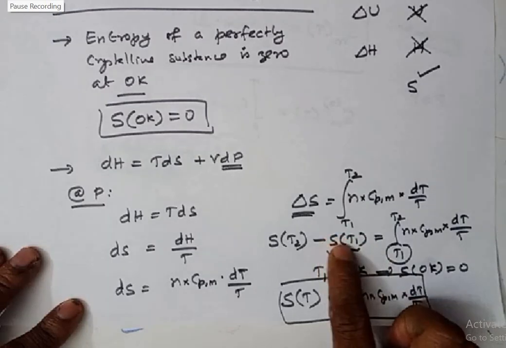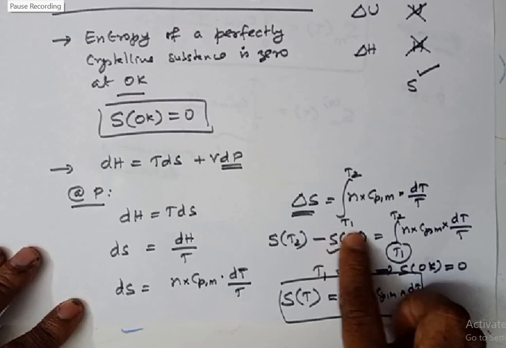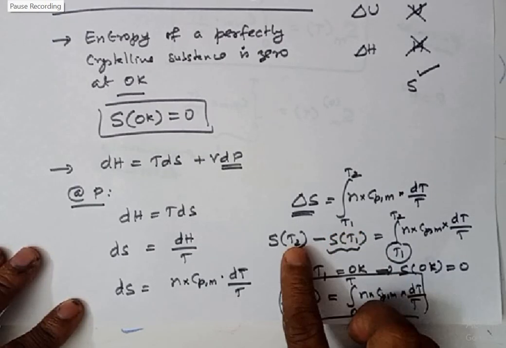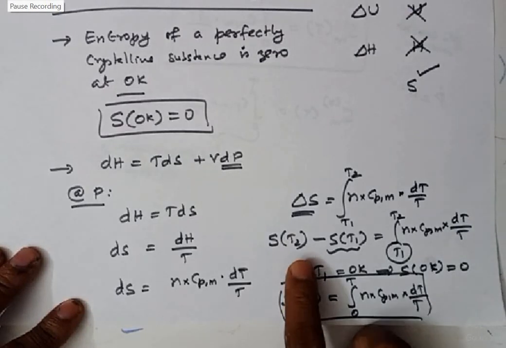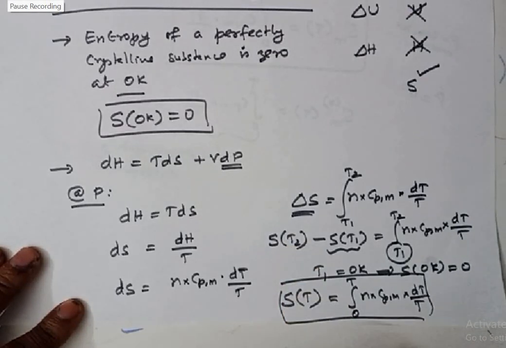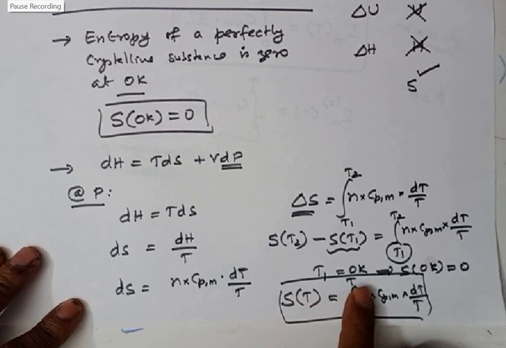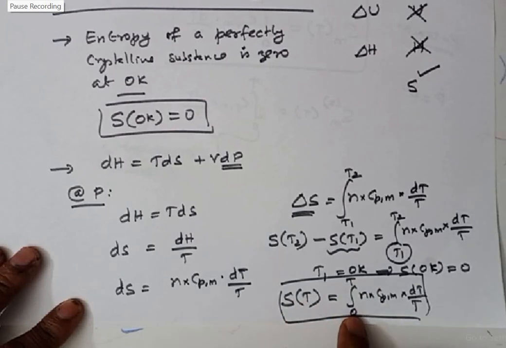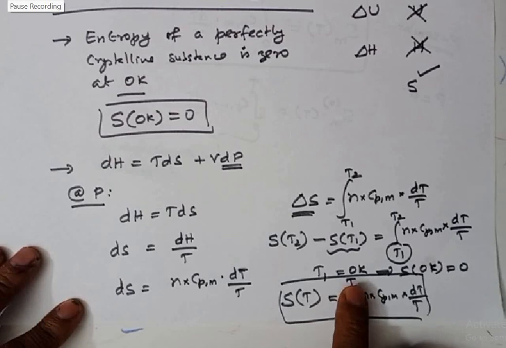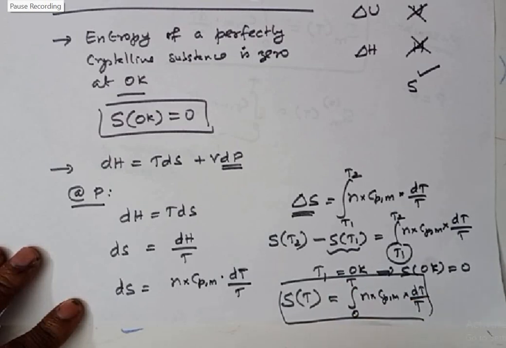Therefore, this entropy becomes 0 at 0 Kelvin. Then we will have only this entropy. In the place of T2, you just put T. So, entropy at temperature T is equal to the integral from 0 to T of n Cpm dT by T.